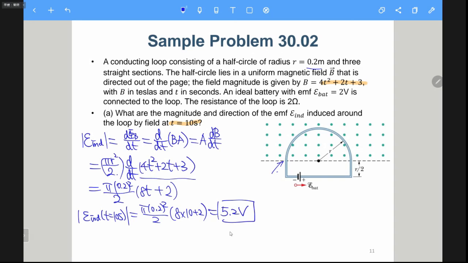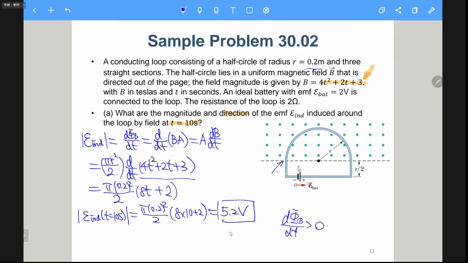And of course, we need to determine the direction. So we can see that this one is actually increasing with respect to time, because all the coefficients are positive. Which means if t is larger, the whole term B is larger, which means d phi_B dt is larger than 0, or phi_B is increasing.